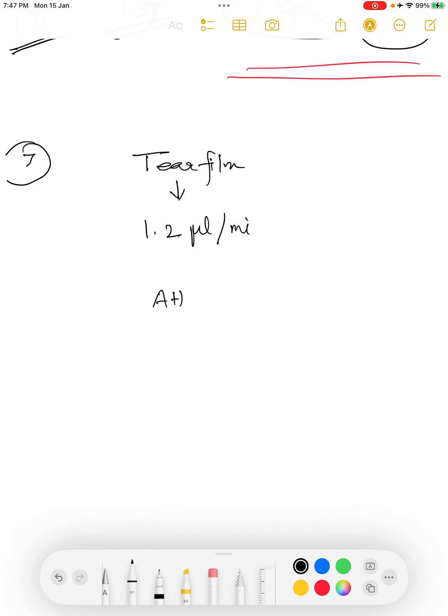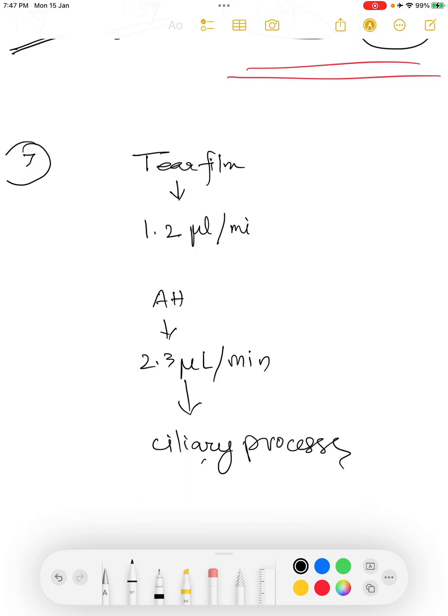And aqueous humor, I have already told you, 2.3 microliters per minute produced by the ciliary processes, with two outflows. I'll explain all the drugs which act on which outflow mechanism. Thank you for listening. Take care.